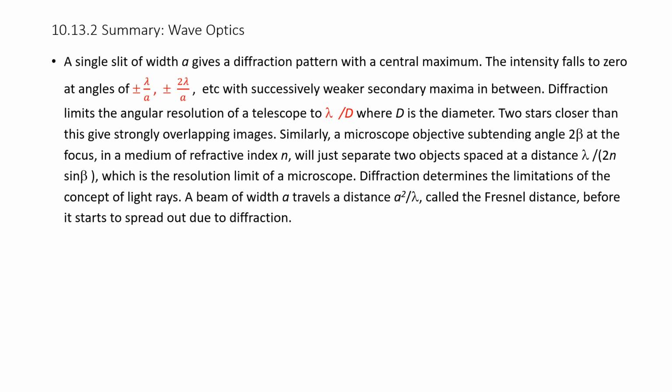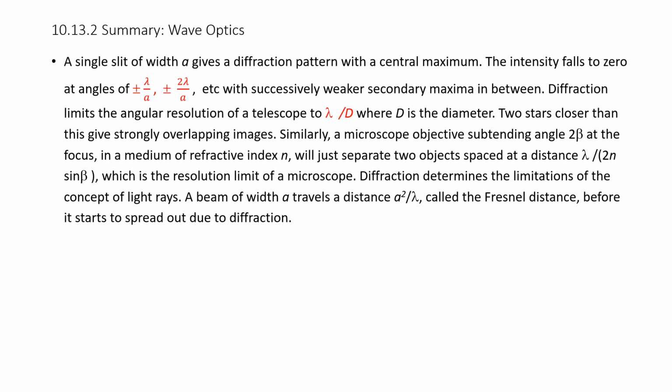It can just separate two objects spaced at a distance lambda divided by 2n sin beta, which is the resolution limit of the microscope. Please note here the resolution of optical instruments has also been dropped from the syllabus of CBSE for the year 2020-21, but we are just mentioning it for reference purposes.